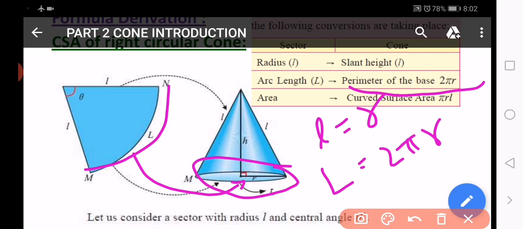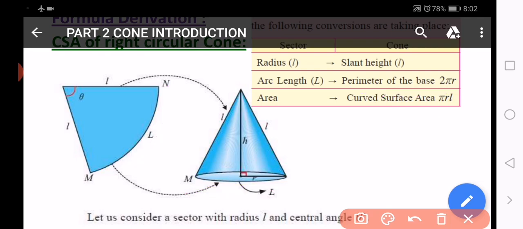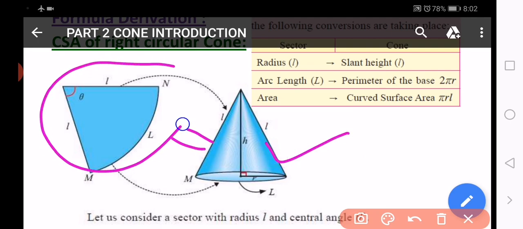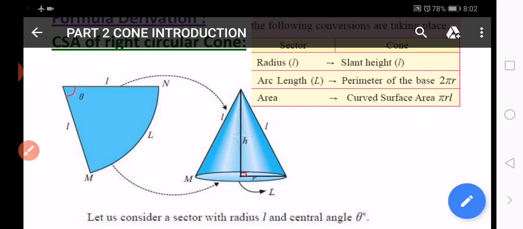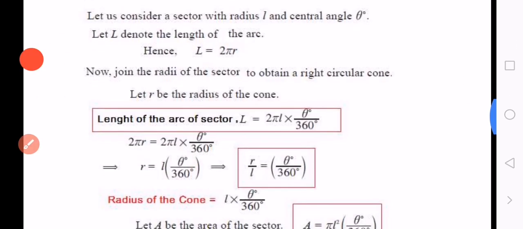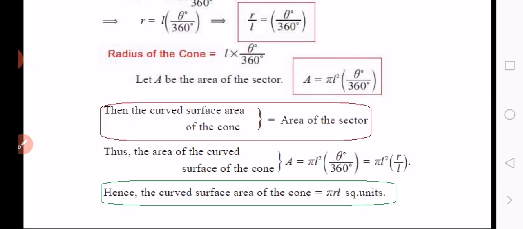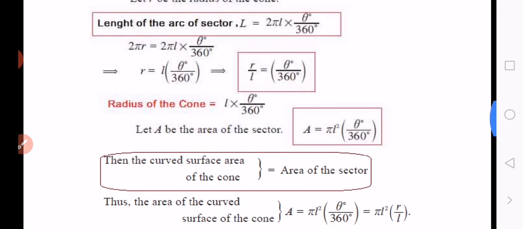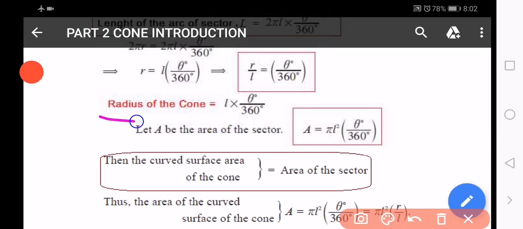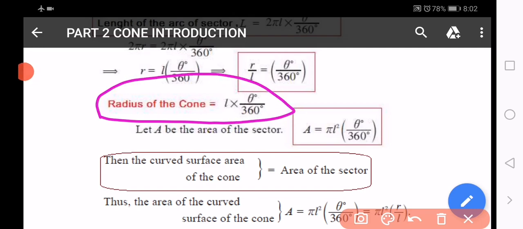And last one, the curved surface area of the cone is equal to the area of the sector. So we discussed the curved surface area of the cone obtained from the area of the sector. Here is another formula, how to find the radius of the cone from the sector.